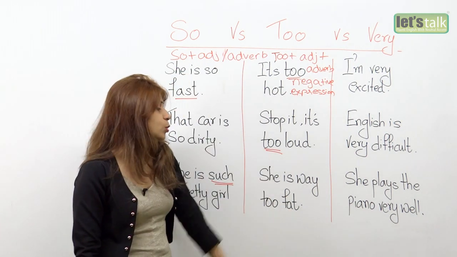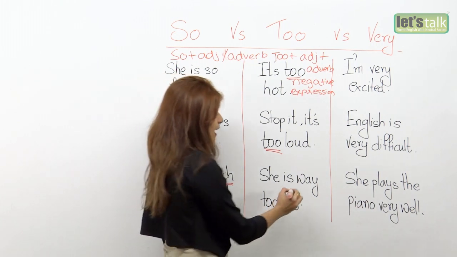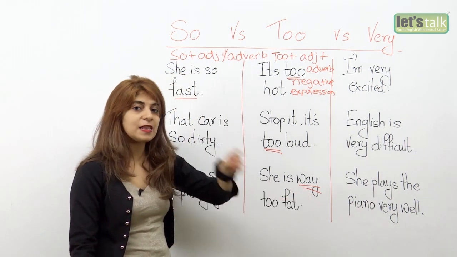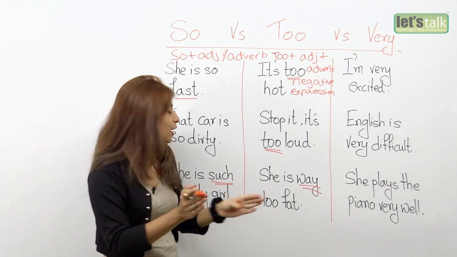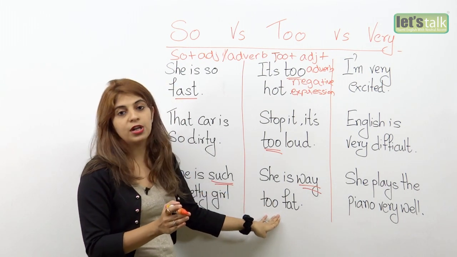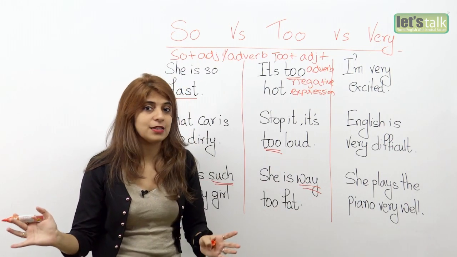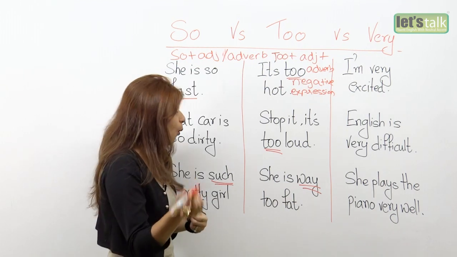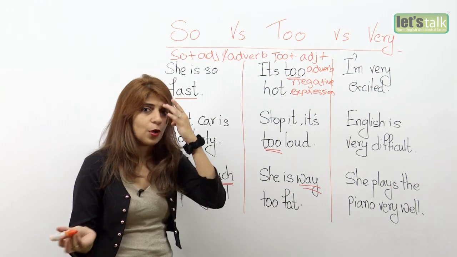Now, she is way too fat. You see that we have used the word way. This is another intensifier that can be used in front of the word too. Like, she is way too fat. Again, it's quite a negative expression. Or she is far too young to be married, okay?